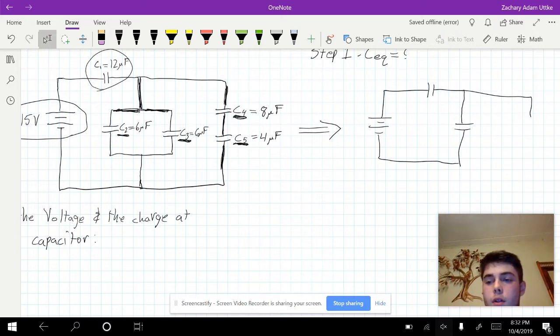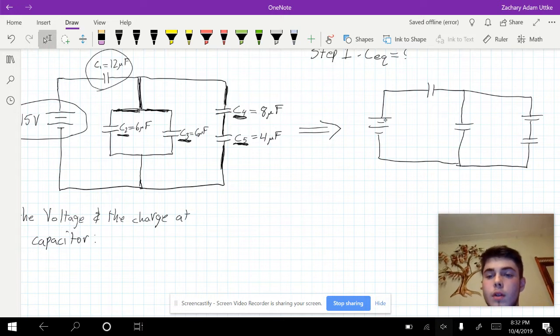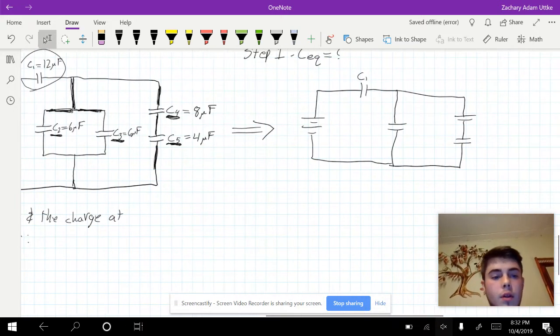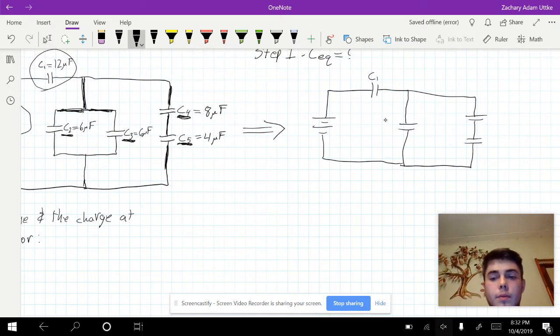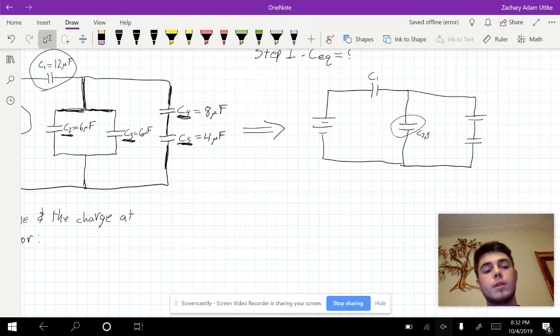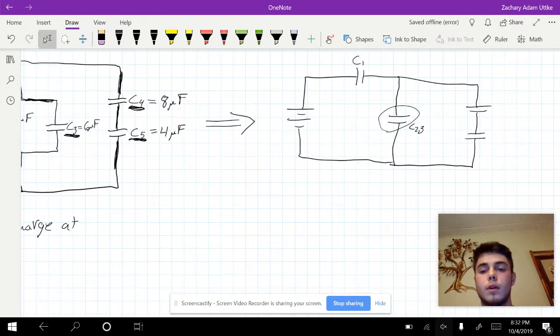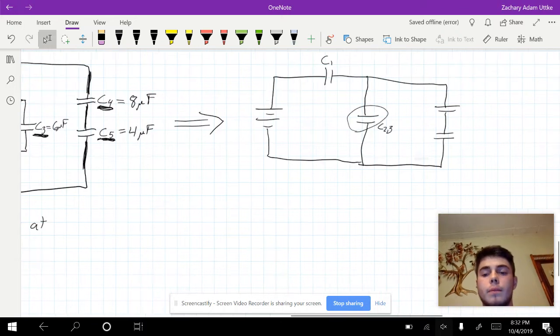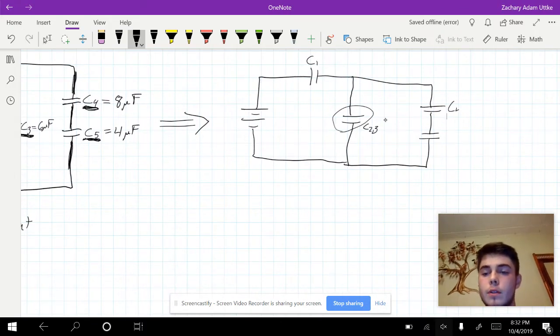So it's going to look something like this. This is still C1, but now that we've combined this middle one right here, we're going to call it C2,3 to keep it clear. We've combined C2 and C3, so just to make things clear, we're going to call it C2,3. Okay, and then we still have C4 and C5.